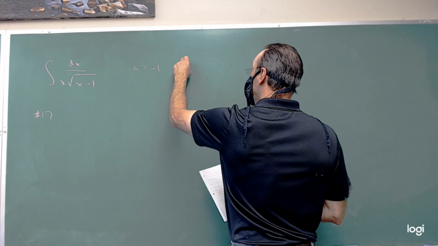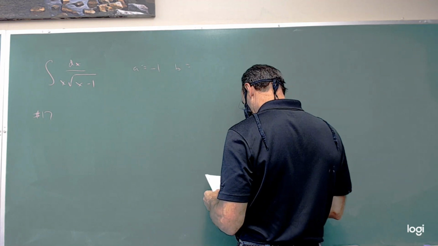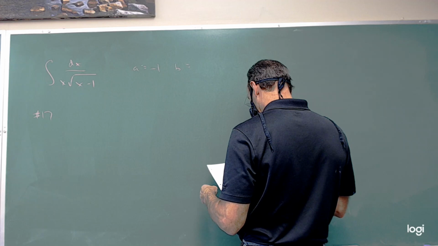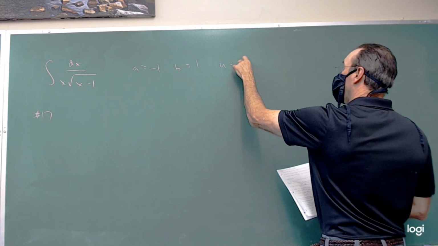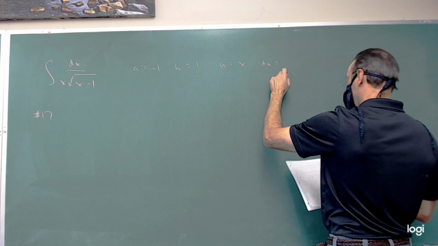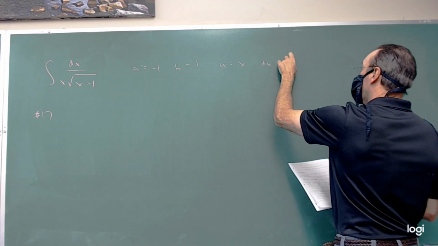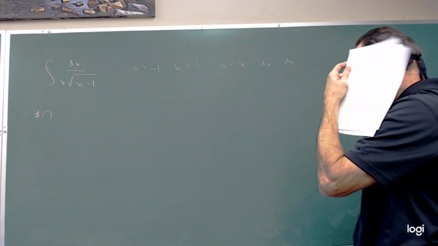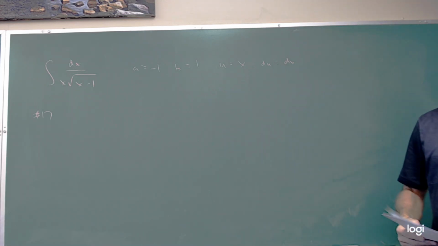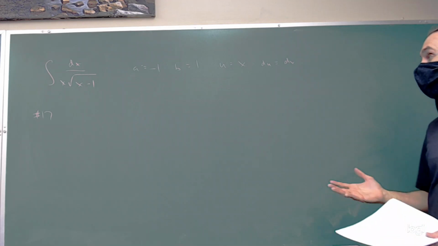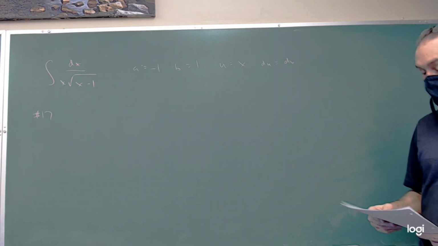And what's the B going to be? Good. And what's the U going to be? And that means the du is going to be dx. So on a test question, all of this stuff must be shown.